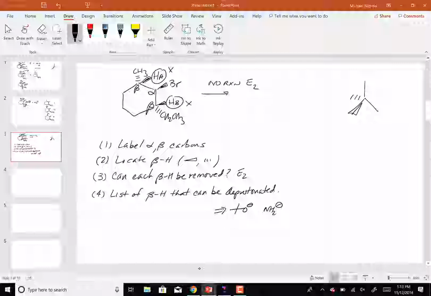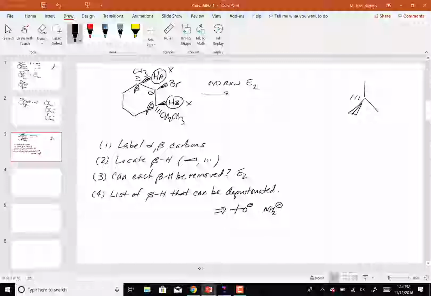What hydrogen should be removed by the tertiary butoxide? The ones that are least sterically hindered. The NH2 minus is going to remove the hydrogen to give you the most stable, most substituted product. But notice that's number 4 now. My first 3 steps are to tell me whether the hydrogen can even be removed by the base.